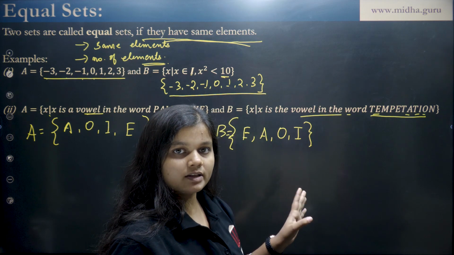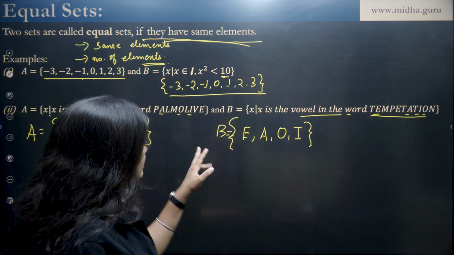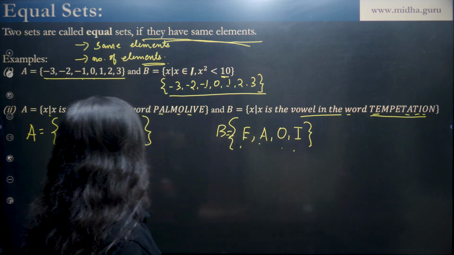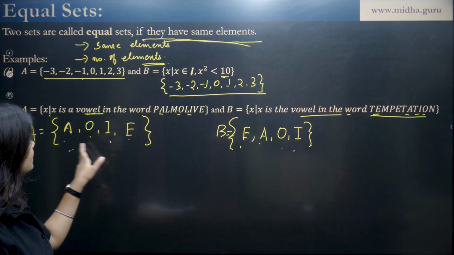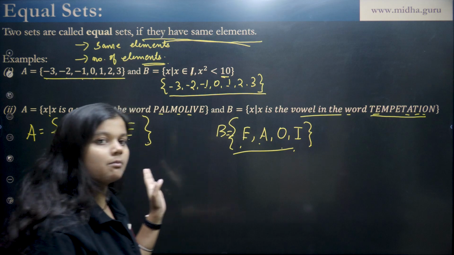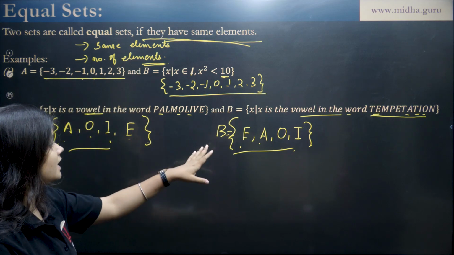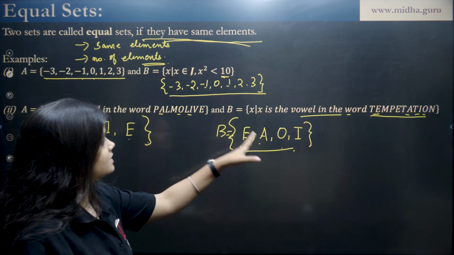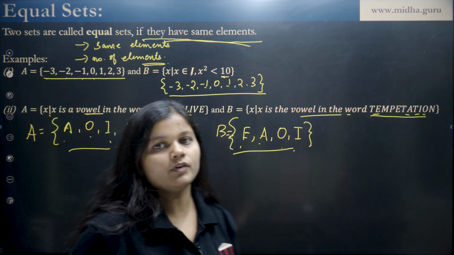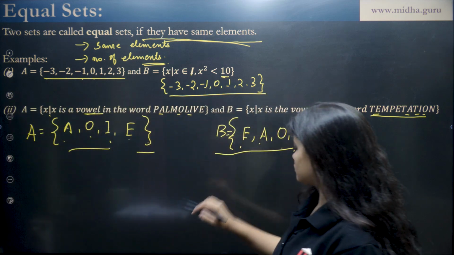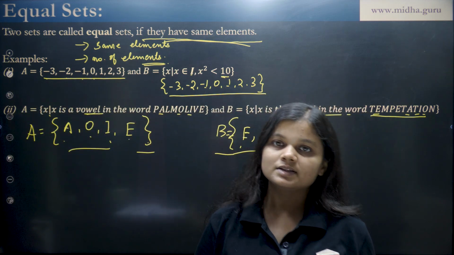We have already studied this. E, A, I, O and A, O, I, E. Both these sets have the same elements and an equal number of elements. So these sets are also known as equal sets.